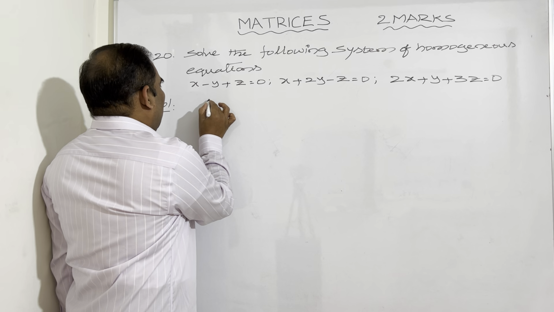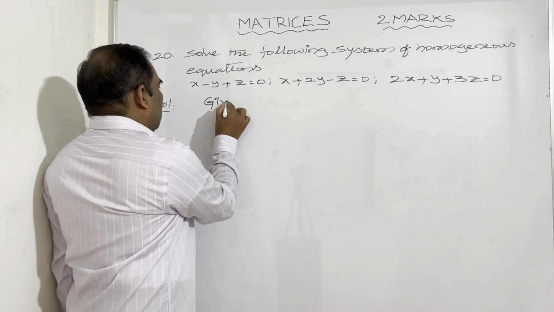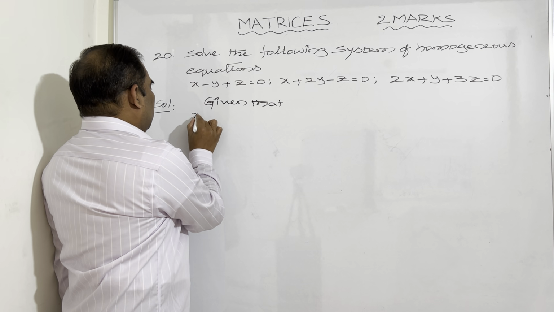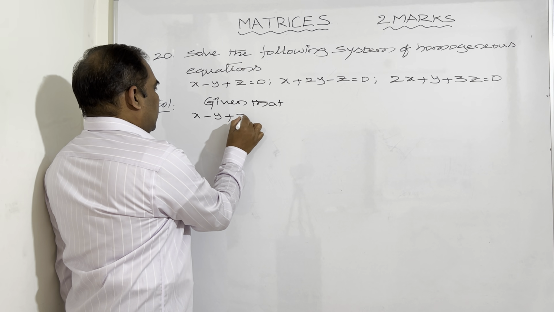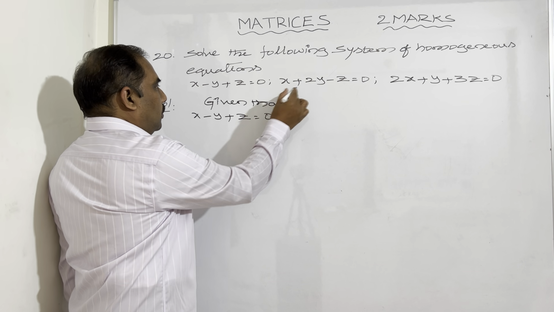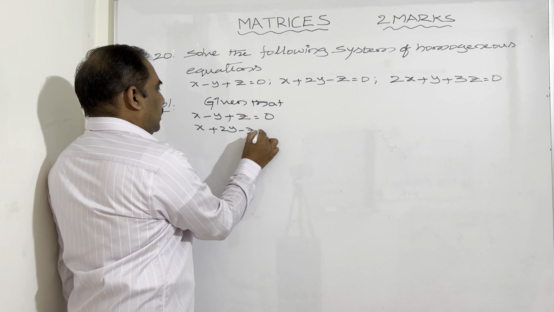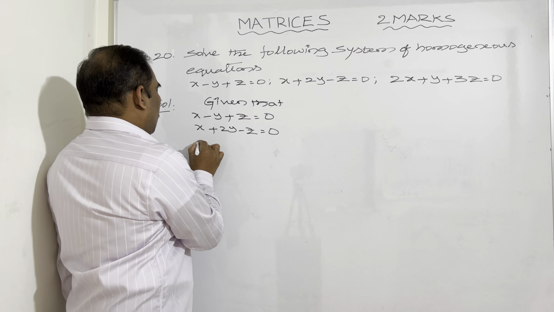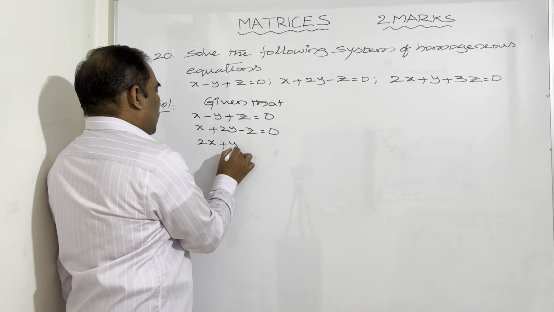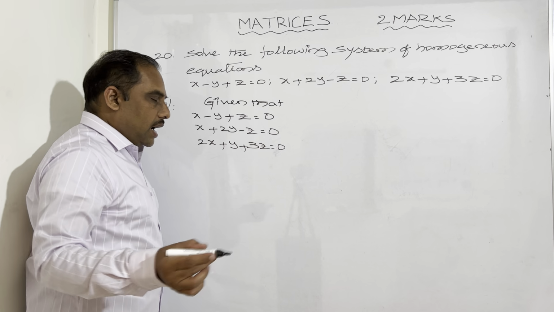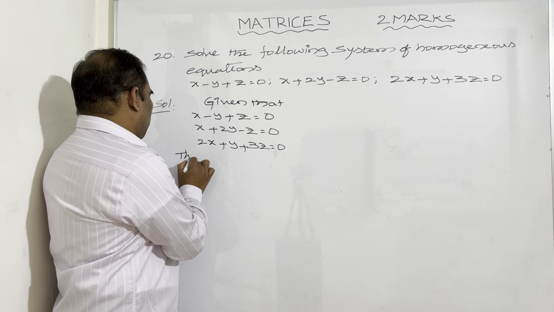The equations are given: x minus y plus z is equal to 0, x plus 2y minus z is equal to 0, 2x plus y plus 3z is equal to 0. See the matrix form of the homogeneous system.